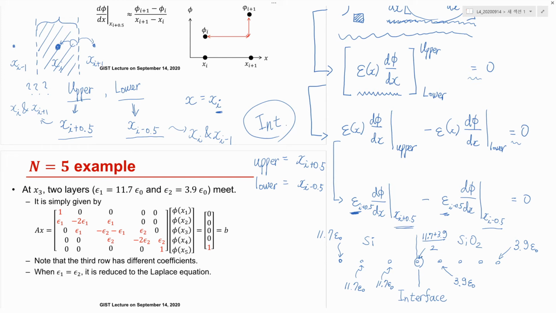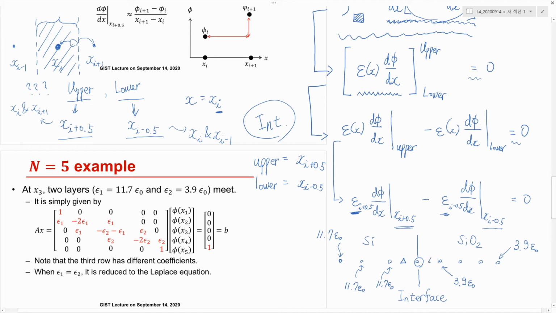So we cannot answer this question. But let me ask you one other question. How about the permittivity at this half-indexed position?